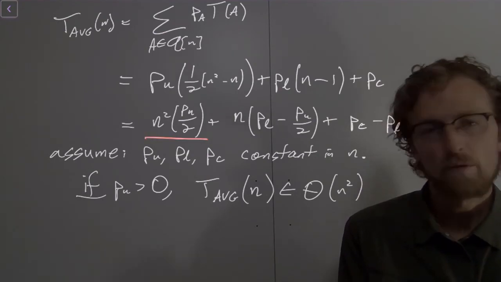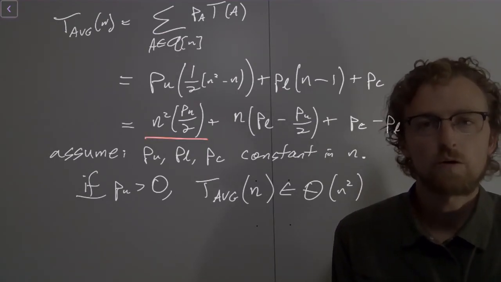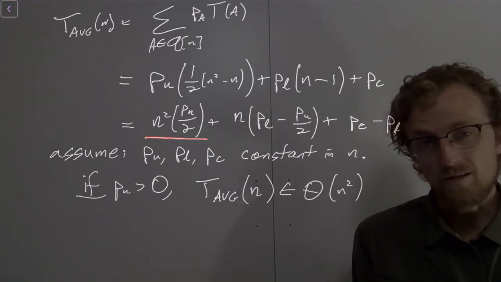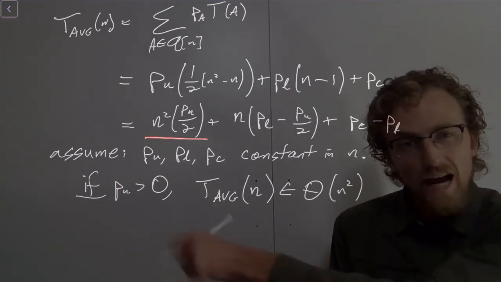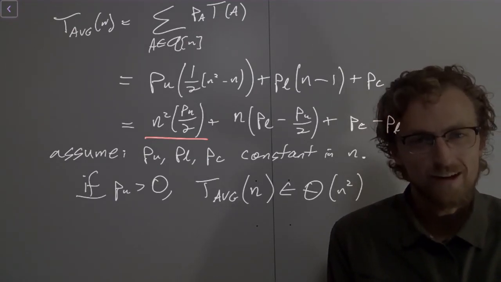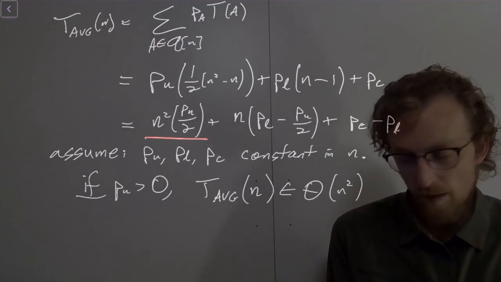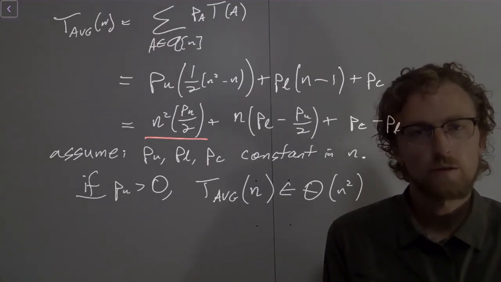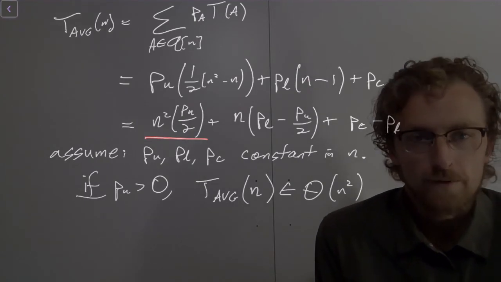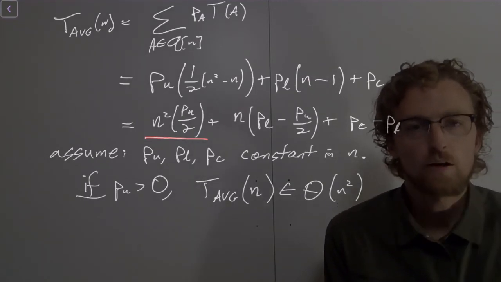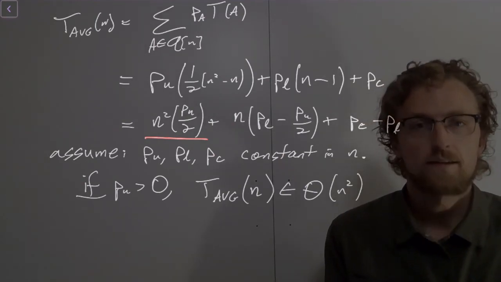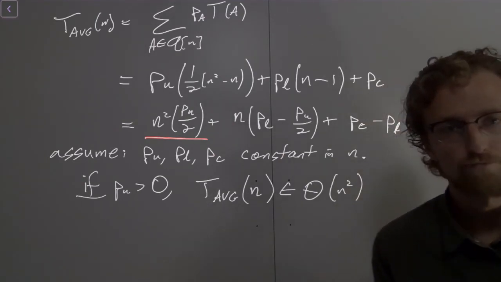It's because I would have a non-zero coefficient on this n squared term. And notice that this wipes out PC and PL. The only thing that ends up mattering is that there's a quadratic term in the average case expression, that there's a non-zero probability that I'll find a quadratic running time input. That's all that it takes to get me quadratic running time.